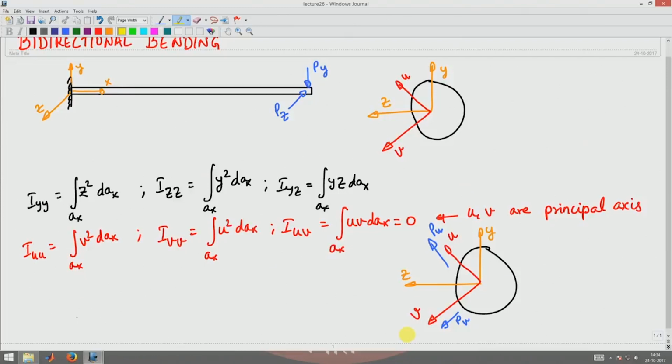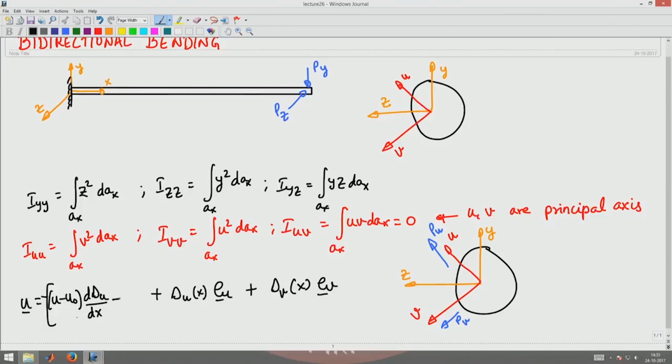Then we are interested in writing what the displacement field will be. The displacement field would be: there will be a delta u as a function of x times e_u, plus delta v as a function of x times e_v, plus along the x direction there will be a displacement of negative u minus u naught times d delta u by dx, plus v minus v naught times d delta v by dx, into e_x.